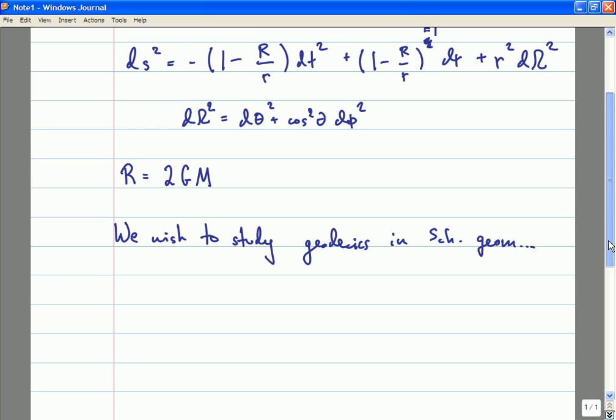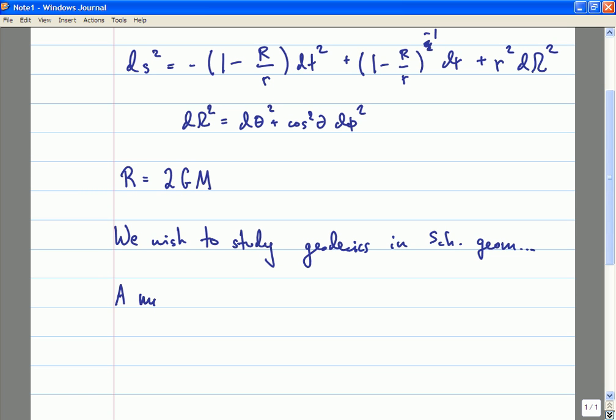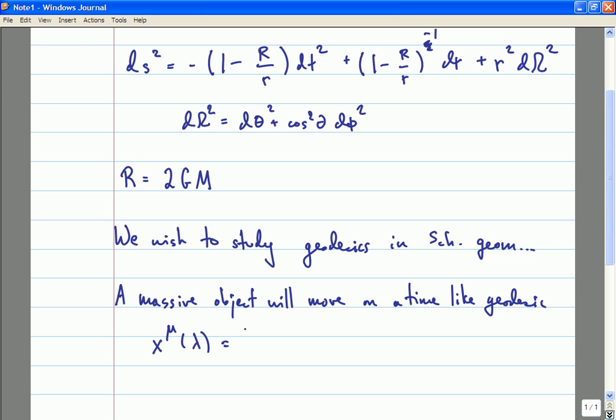So, as we know, a massive object moving in the presence of gravity, but no other external forces, will move on a time-like geodesic. And this geodesic is parameterized by four functions. So the four coordinates are t, r, theta, and phi.